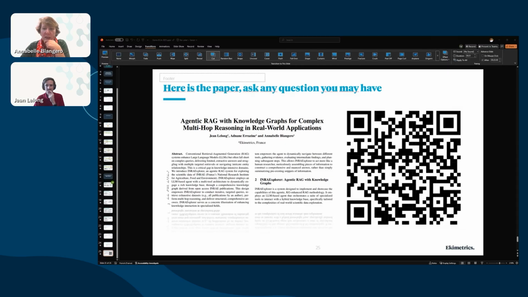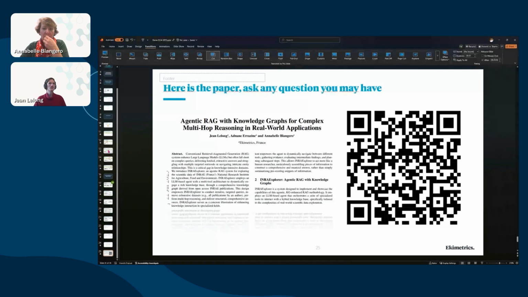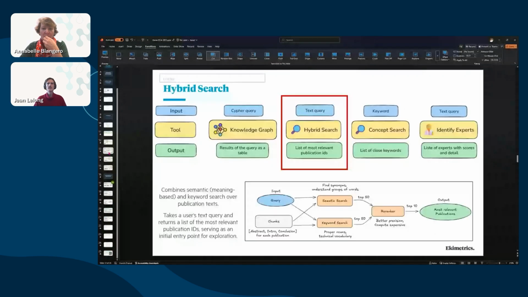Can you explain in more detail how you made the semantic search agent-based? I think you're talking about the hybrid search. To go back to the slide, you mean the semantic search, just this part of the pipeline. It's a bi-encoder.